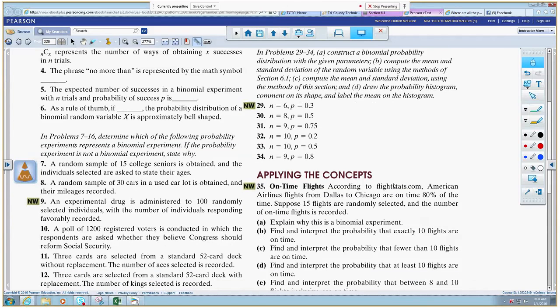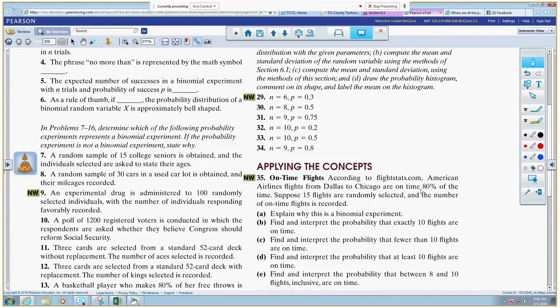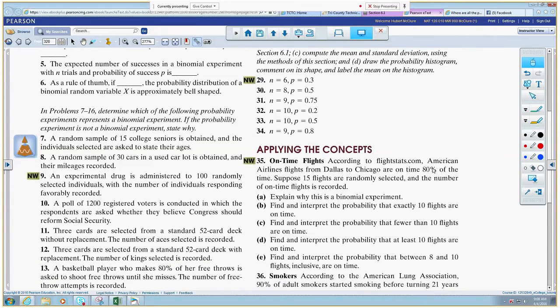Okay, here we go. According to flightstats.com, American Airlines flights from Dallas to Chicago are on time 80% of the time. Suppose 15 flights are randomly selected. Give me the mean and the standard deviation of those flights.